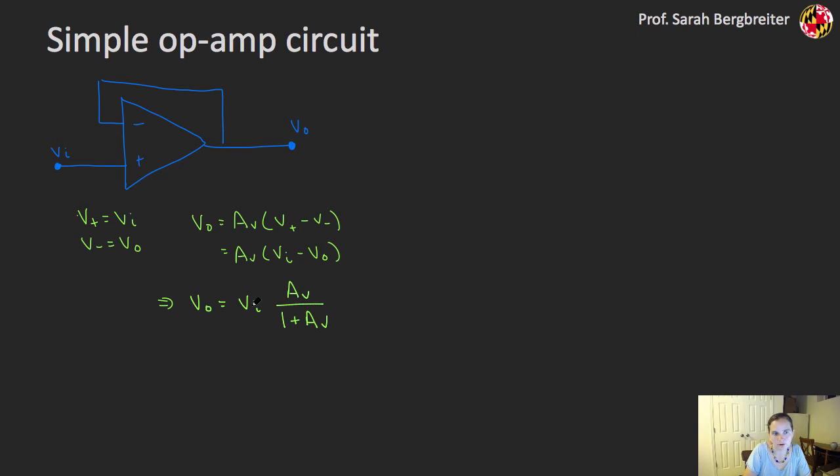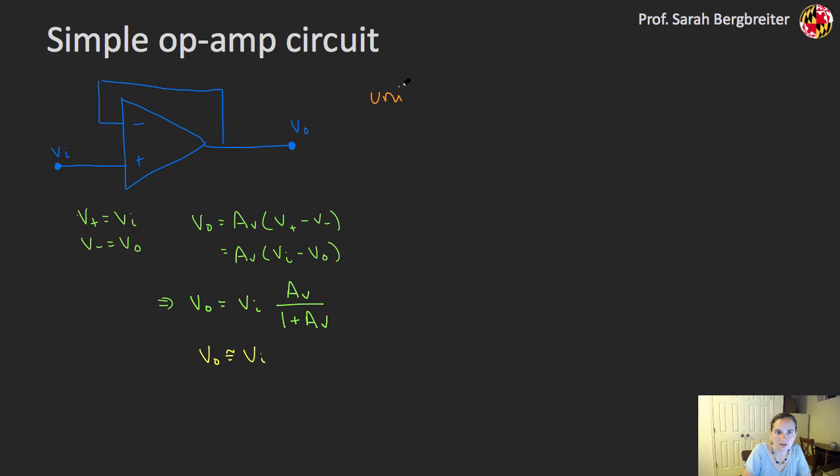V out is going to be V in times the quantity A over 1 plus A, where A is that op-amp gain. And remember, A is really high, something like 1,000,000, which is far greater than 1. So this whole term is going to approximate 1, which is basically going to give me V out approximating this input right here. And this particular circuit has a name.